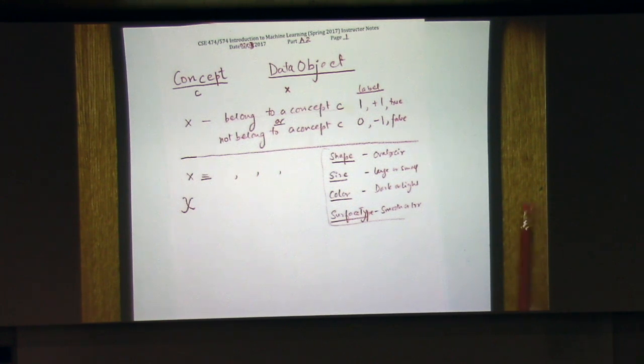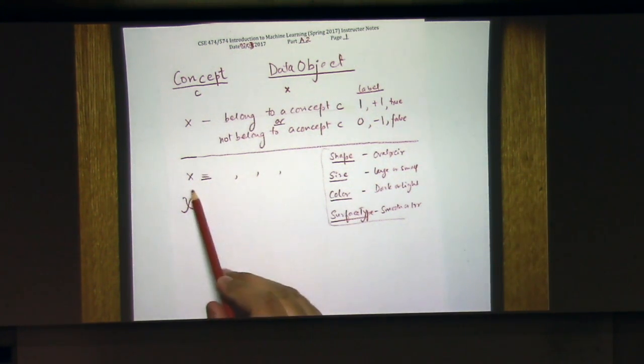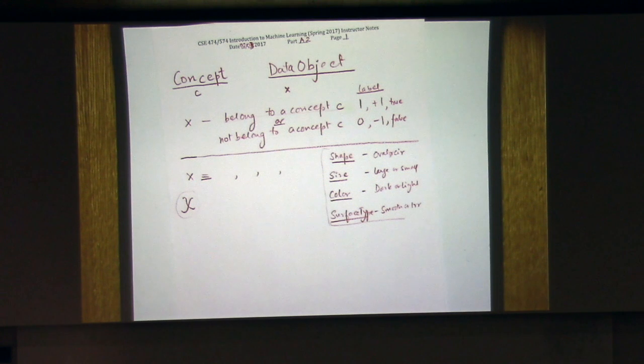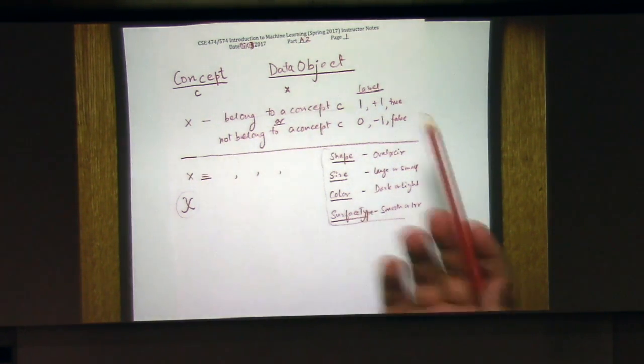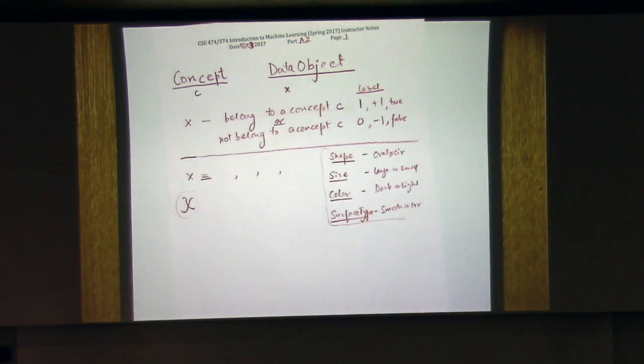So a question for you: how many objects can I have in this big X? Louder? 16? Yes, I hear 16. You can have 16 possible objects because each feature can take one of 2 values: 2 times 2 times 2 times 2, so it's 16.